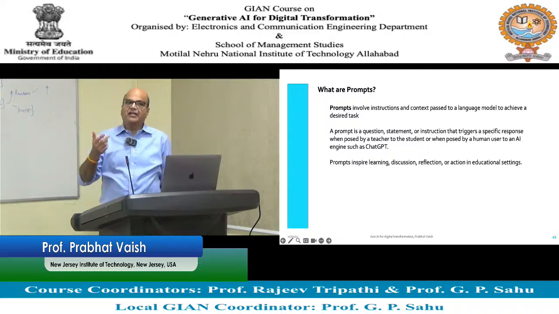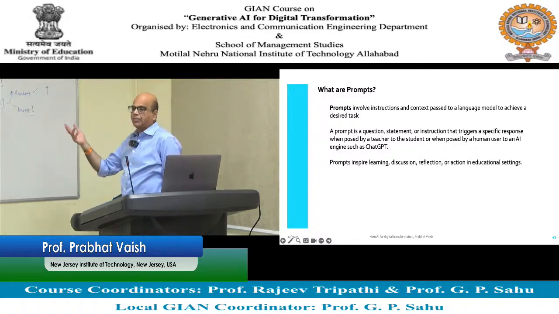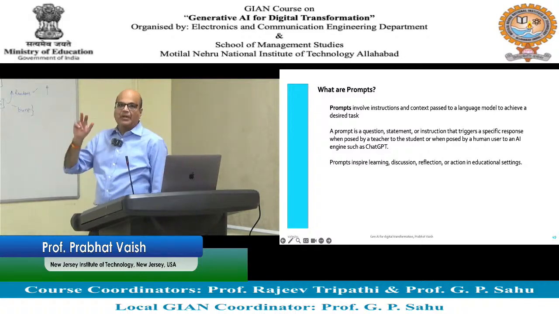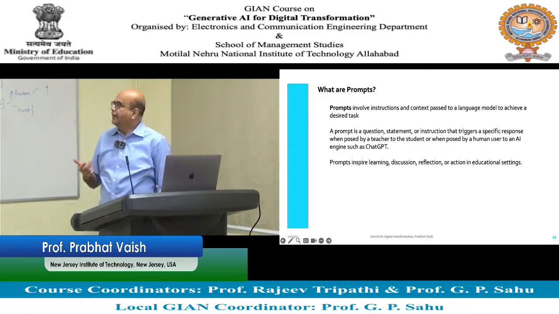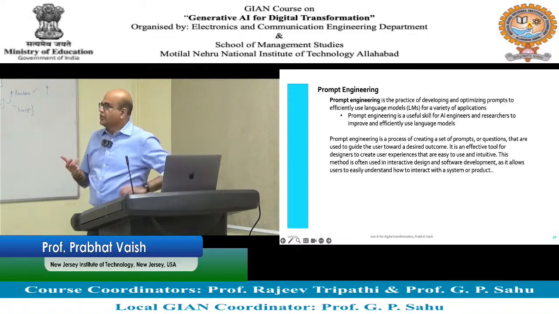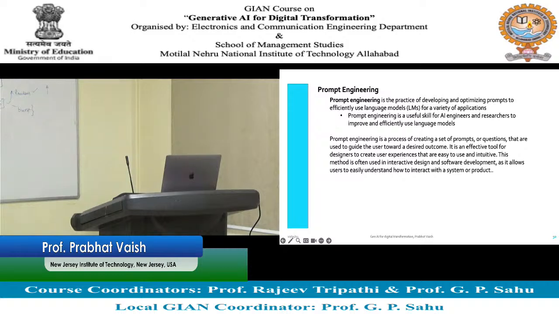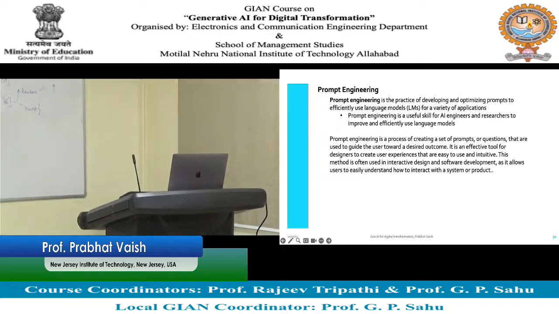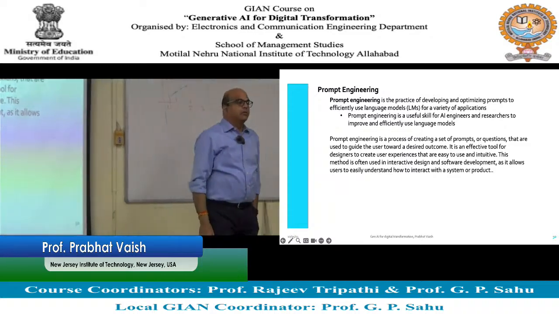If you are a developer user, you're actually having access to the API and you're providing a lot more learning opportunities and a lot more sampling parameter tuning so that you can get a good response out of the model. So if you continue from that perspective, if you want to be an AI engineer or AI researcher, the first thing you need to understand is how to do good prompt engineering.